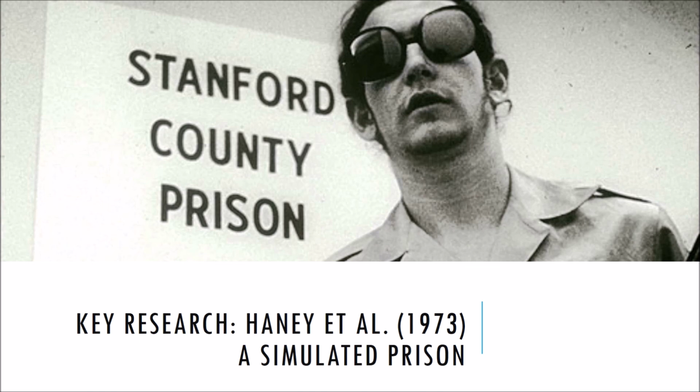The guards, remember, they were prevented from actually using physical abuse. They were told that they wouldn't be subjected to any physical abuse if they were a prisoner, so we couldn't use any physical abuse, but they often expressed aggression using verbal aggression.